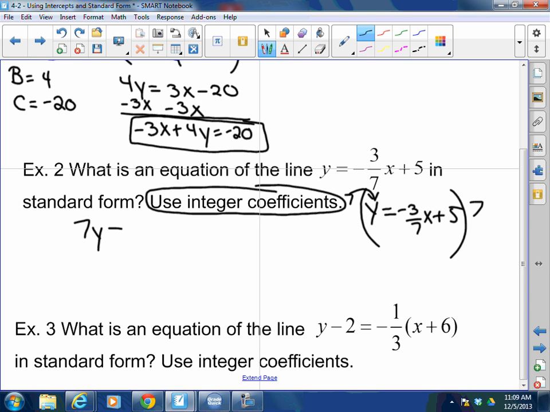Very good. And that equals, what's 7 times negative 3/7 x? Negative 3x. Because yes, 7 times negative 3 is negative 21, but negative 21 divided by 7 is negative 3x. And then you multiply 7 to the 5. So you have plus 35. So far, so good. We got rid of the fractions.